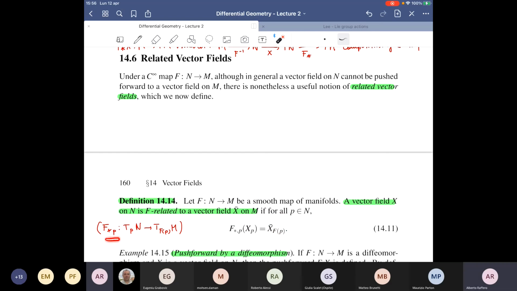So recall that the differential or the push forward of the map F at the point p is a linear map between these two tangent spaces.